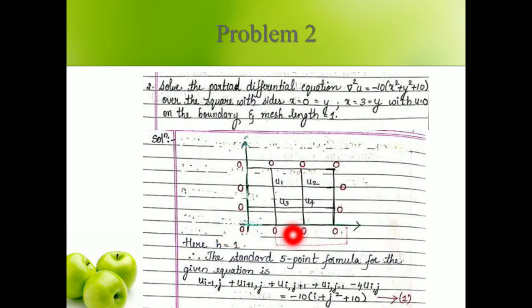The standard 5-point formula for the given equation will be u(i minus 1, j) plus u(i plus 1, j) plus u(i, j plus 1) plus u(i, j minus 1) minus 4 u(i, j) equal to minus 10 (i square plus j square plus 10).